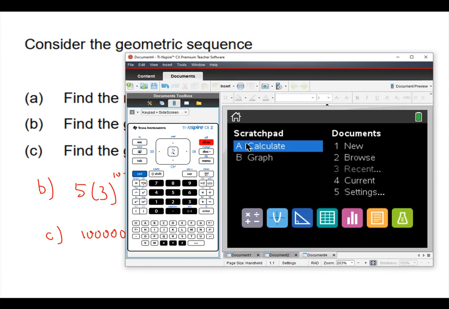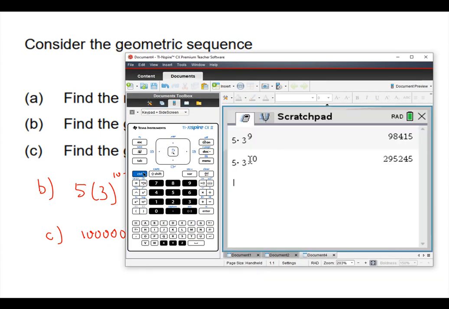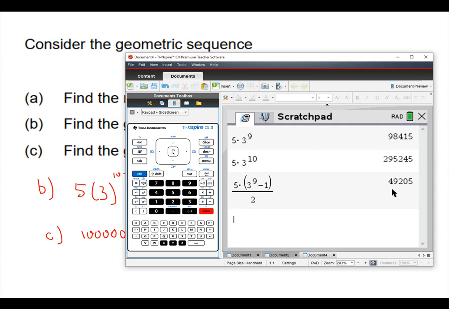So let's go to calculate. So we have 5 times 3, then our exponent is going to be 9 minus 1, then 3 minus 1 is 2. So we end up with 49,205, right?